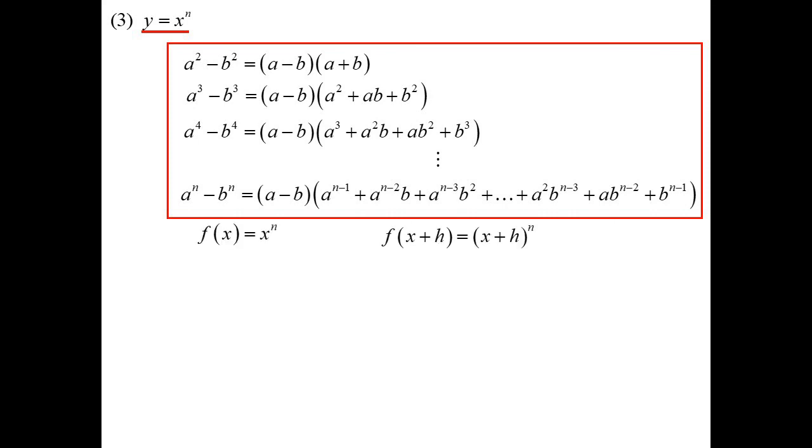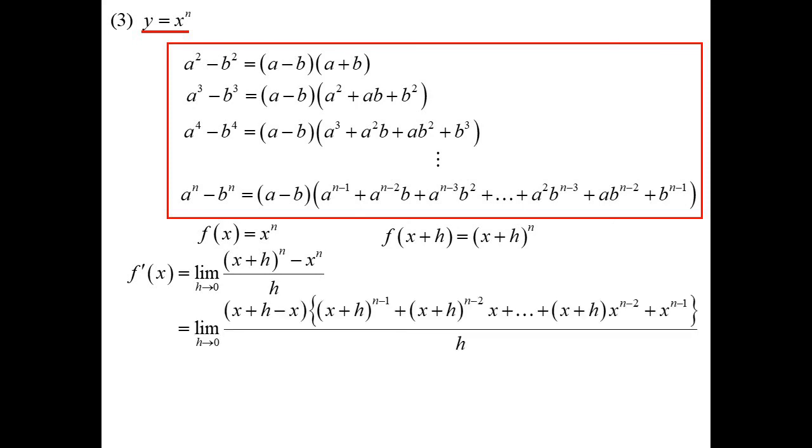So f(x) will be x to the power of n. f(x plus h) is x plus h to the power of n. So when I put this into our formula, we have x plus h to the power of n minus x to the n. So it's that situation. Something to the power of n minus something else to the power of n. So I know this will be factorised. Now, the first parentheses will become x plus h minus x.